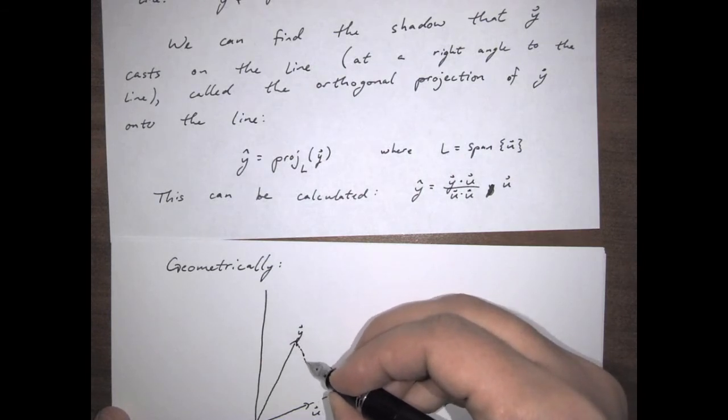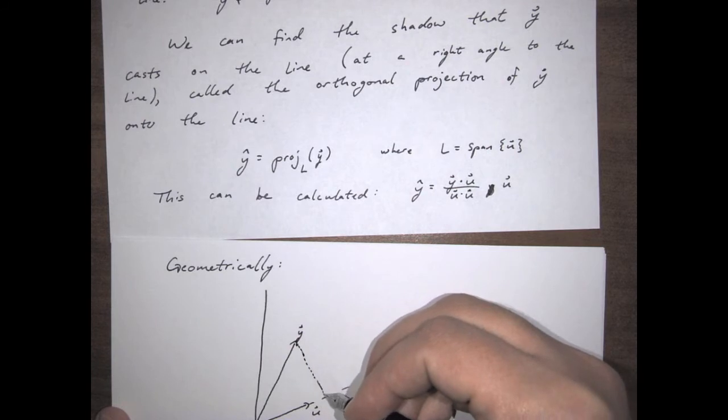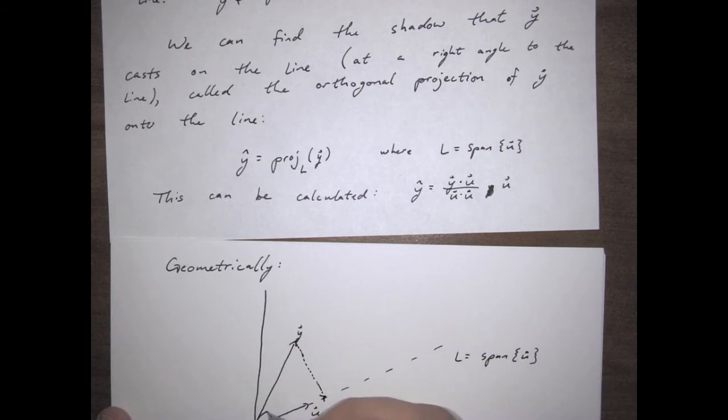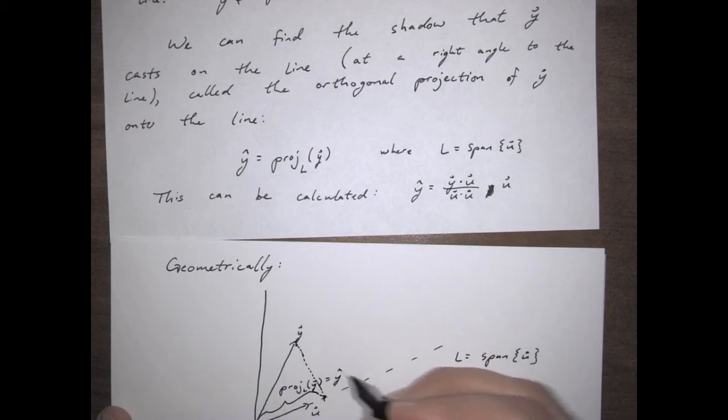And then if we project this down, we find the shadow of that onto here, then this is equal to the projection onto L of y, which is equal to y hat.